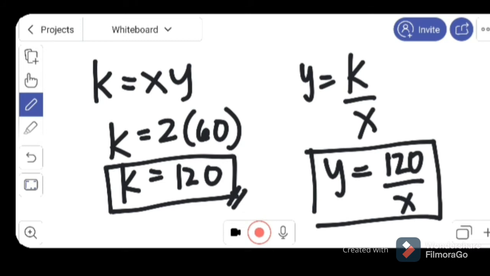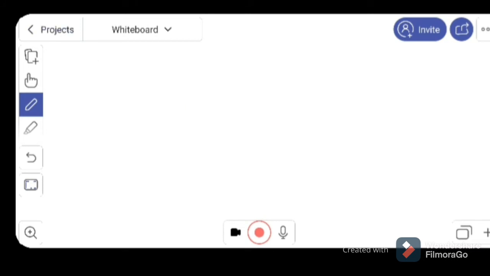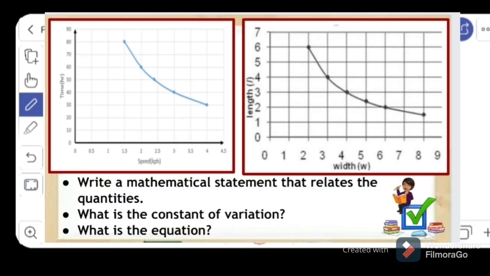From the table of values, how are we going to write the mathematical statement for this graph? First thing, take note of the variables that will represent the y-axis and the x-axis. Let us focus first on the first graph. The graph of an inverse variation is called a hyperbola.